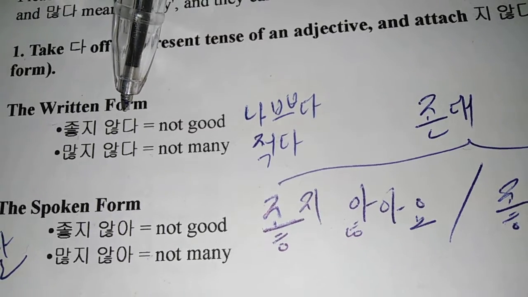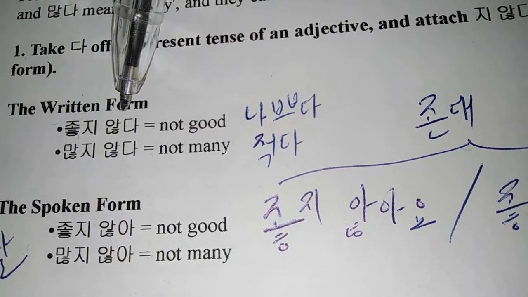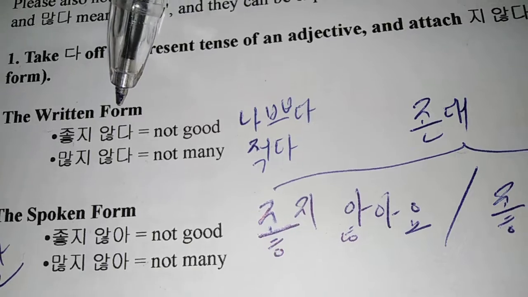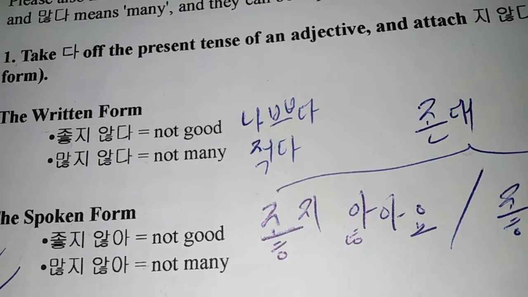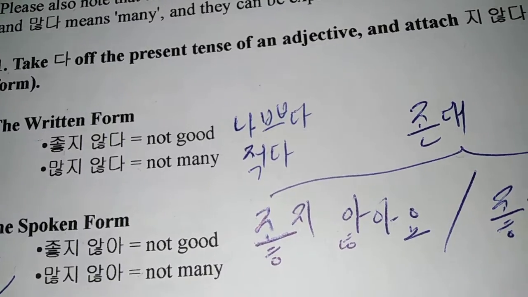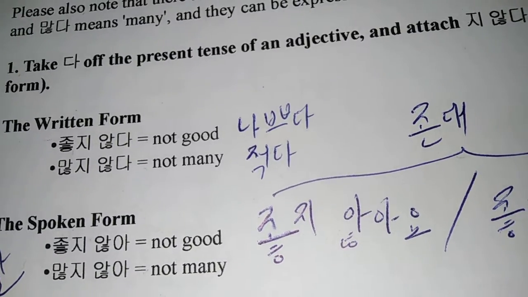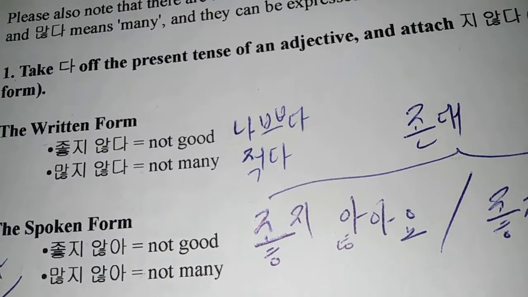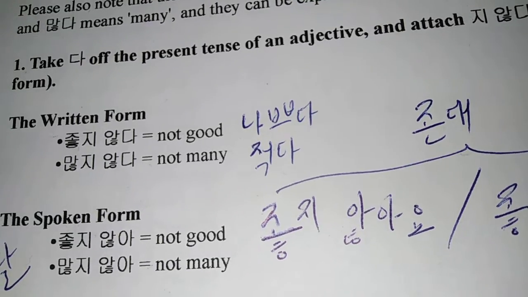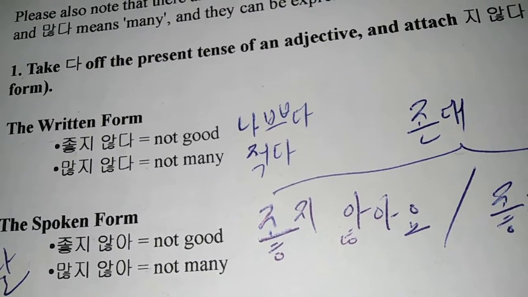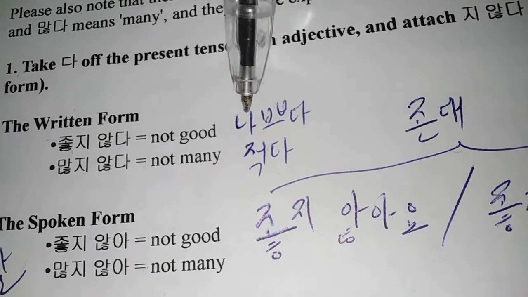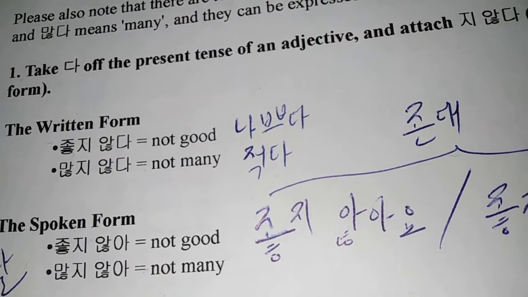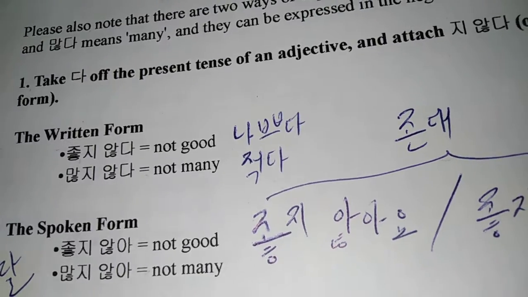You can also say it in another manner. Suppose for love, you have the opposite, hate, or not loving. Like that, for not good, you would say nappada. Not good is nappada.